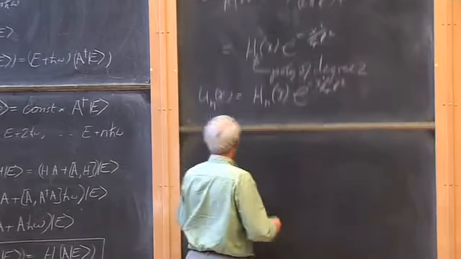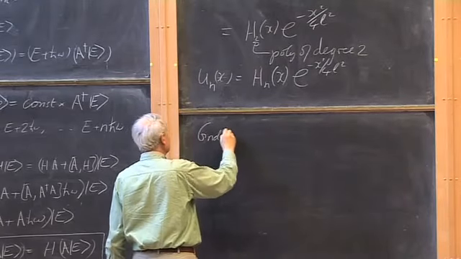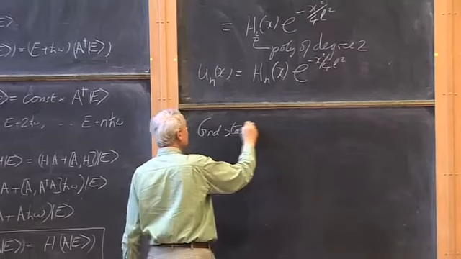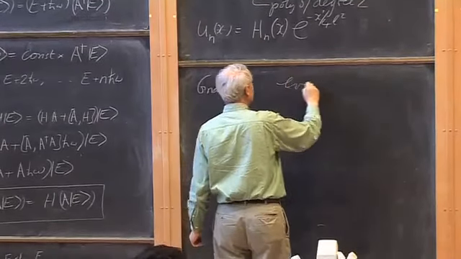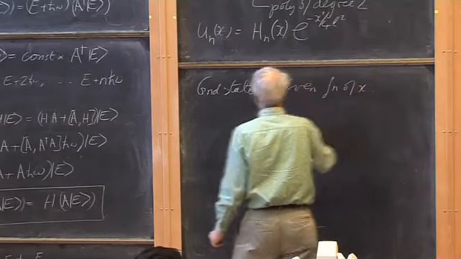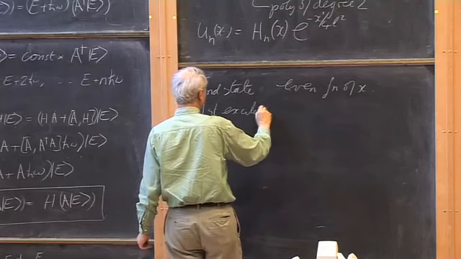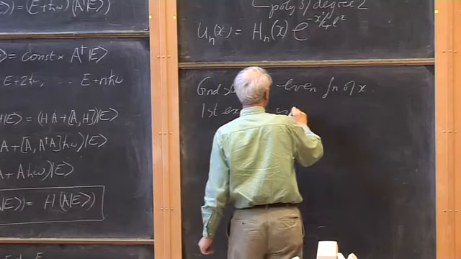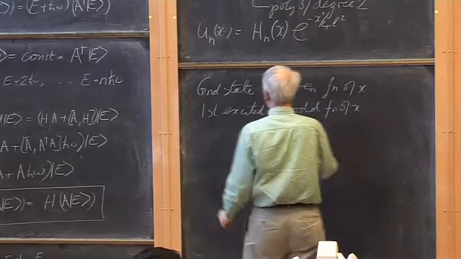So the ground state is an even function of x. First excited is an odd function, and the second excited is even.